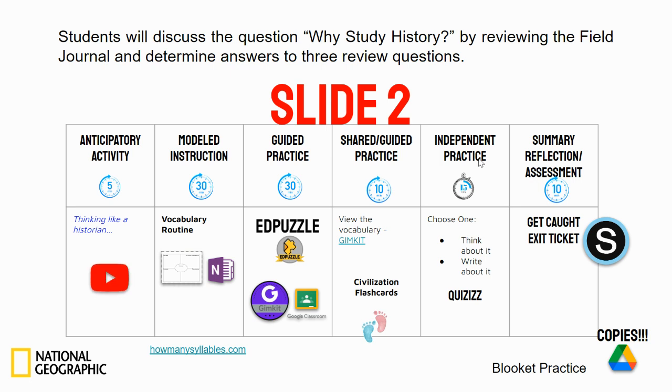Okay. Now that you have completed the Ed puzzle, okay, welcome back. I'll have those graded by next week and you'll see it pop up into your grade book. Okay, let's go and do a little bit of vocabulary practice in GimKit. So what you will need to do is open up a new tab and log into GimKit.